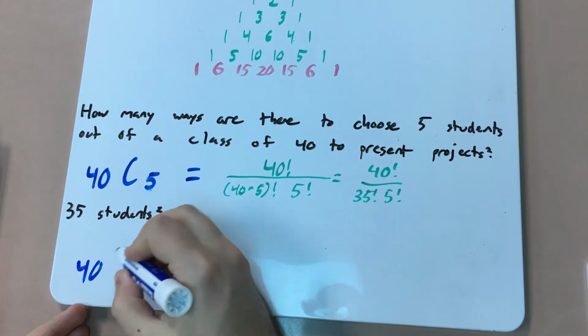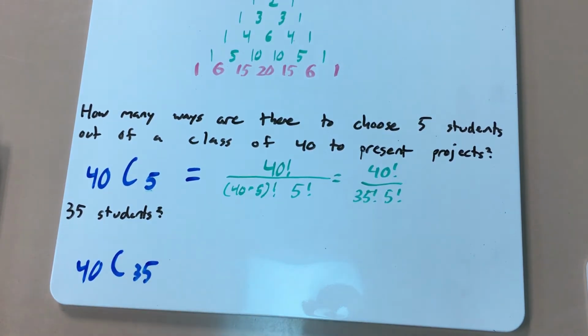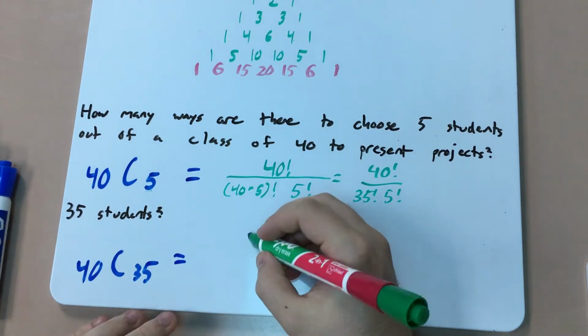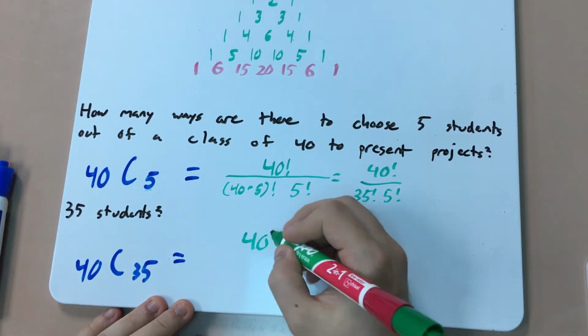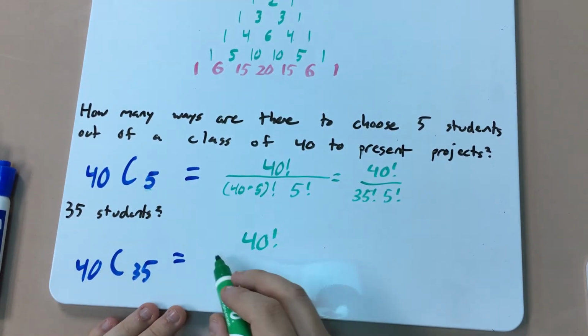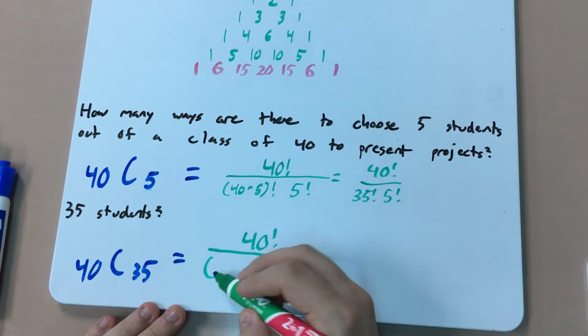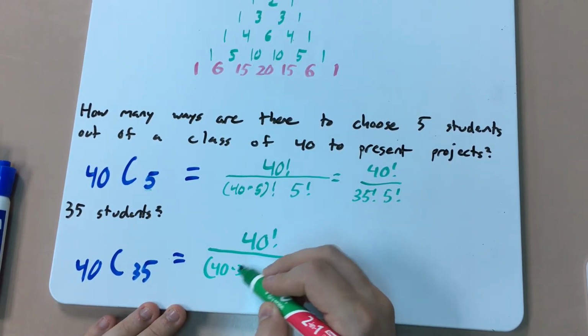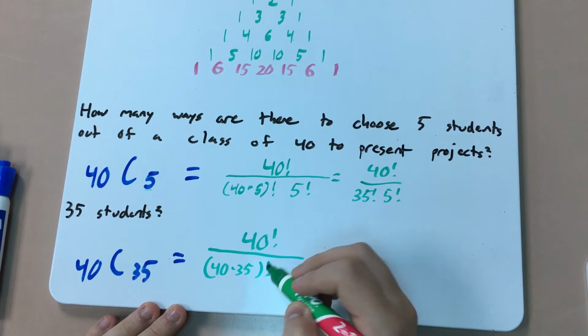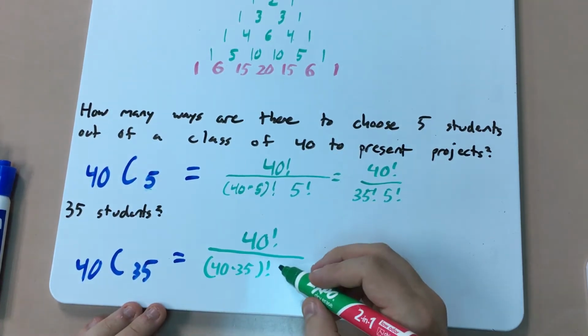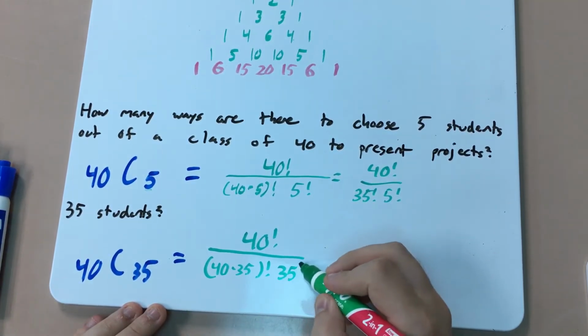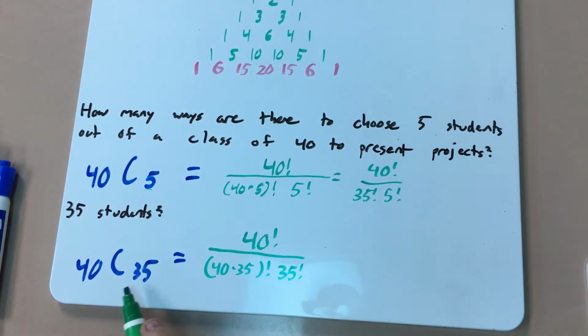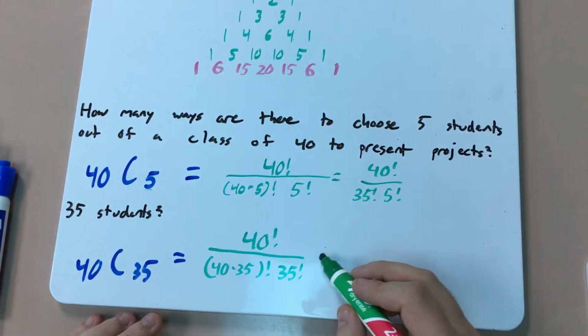This would be 40 choose 35, and this would be equal to, once again, I start my formula with the factorial of the number of things I'm choosing from, come down here, and do my subtraction factorial, and then my factorial of just this number of things that I'm picking.